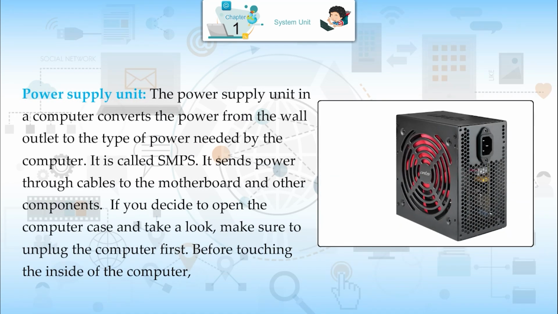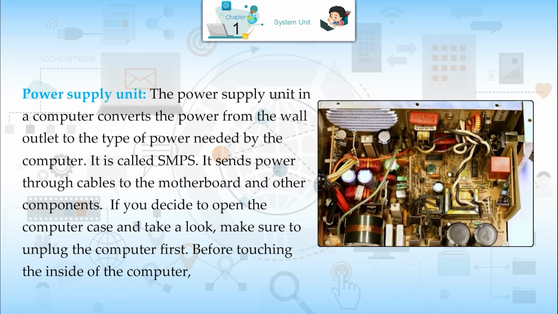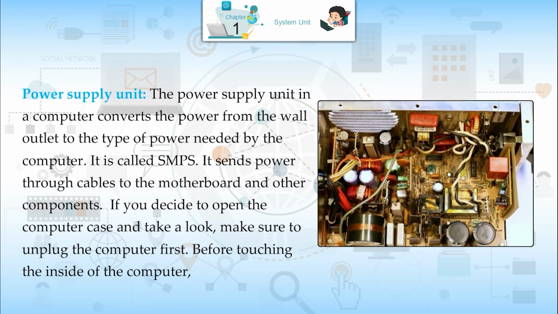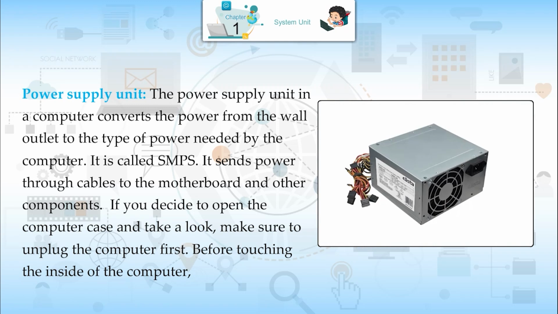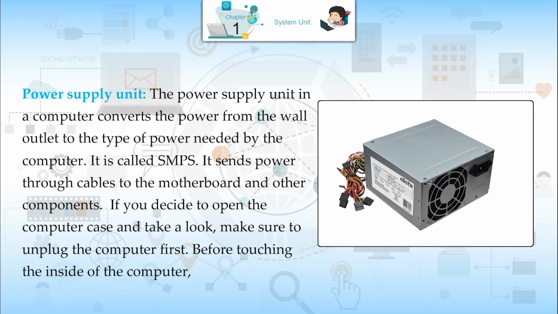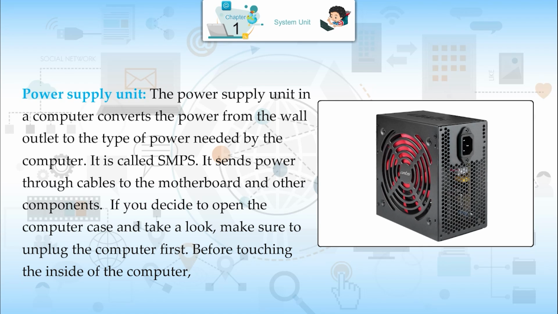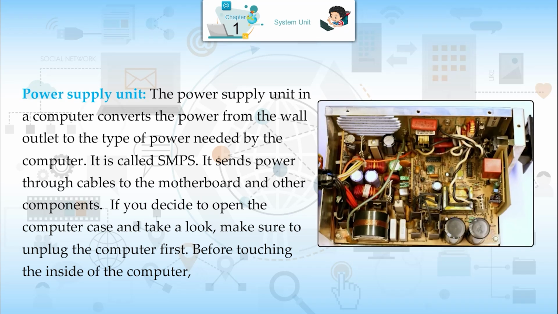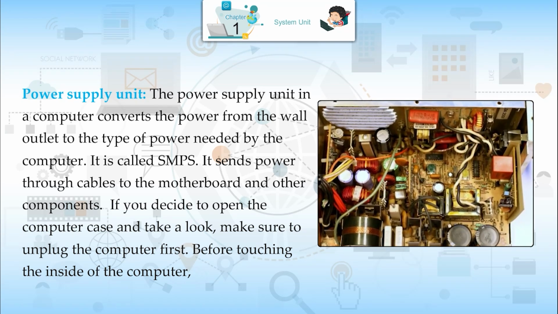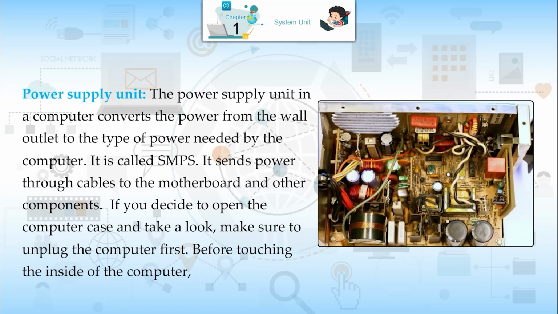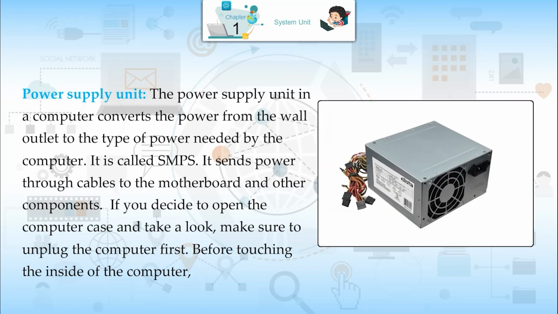Power supply unit. The power supply unit in a computer converts the power from the wall outlet to the type of power needed by the computer. It is called SMPS. It sends power through cables to the motherboard and other components. If you decide to open the computer case and take a look, make sure to unplug the computer first.